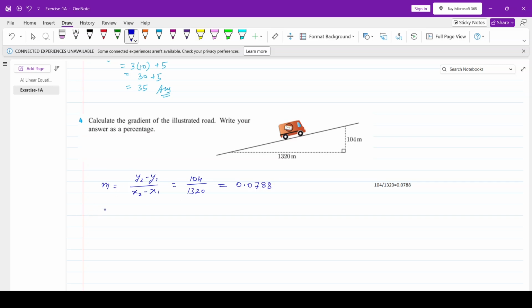Now converting it into percentage form, we just need to multiply m with 100 and we'll get our answer. So 0.0788 into 100 will be 7.88%, and this is our answer.